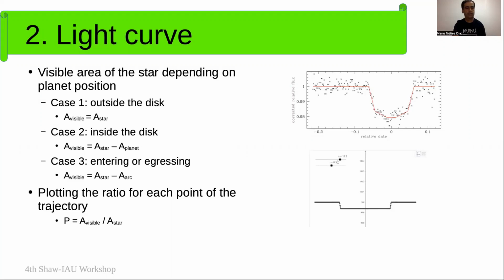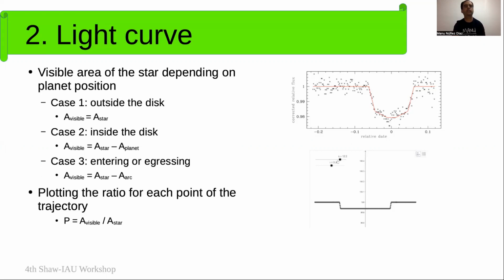When it is inside the disk, the visible area is the difference between the star and planet areas. Otherwise, the planet is entering or egressing the star disk, where only an arc of the planet is occulting the star. GeoGebra makes it easy to compute the last case without entering into detail with these young students.